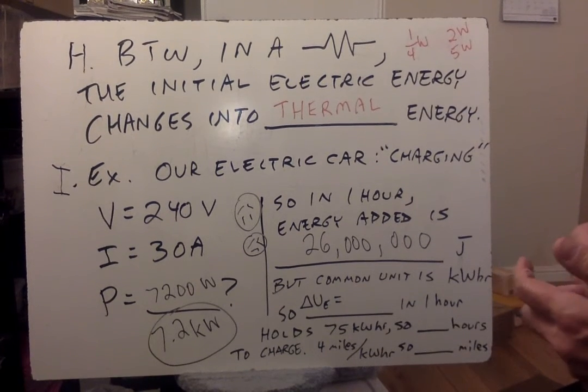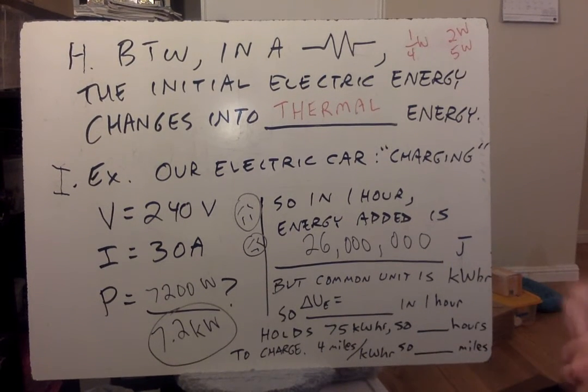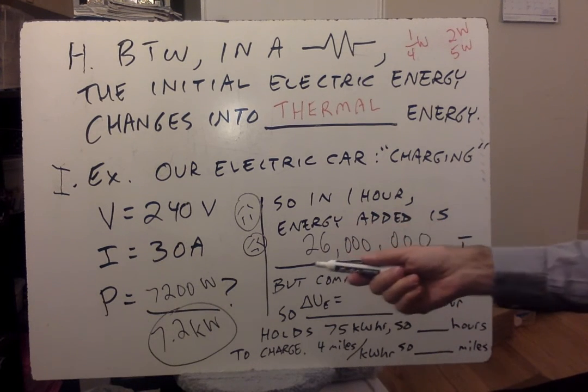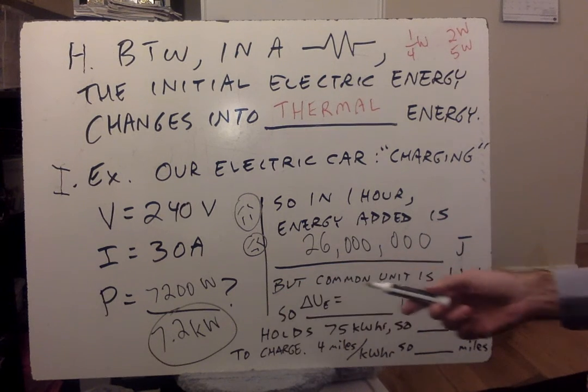That's really big to deal with, and you could change it to 26 megajoules, but a common unit that's become established when charging cars or dealing with household, domestic and industrial power and electric energy is the kilowatt hour. A kilowatt hour means instead of multiplying by 3,600 seconds, you just multiply by an hour.